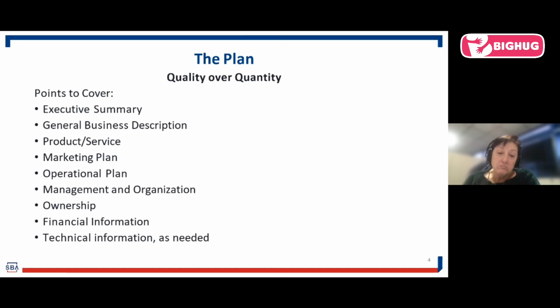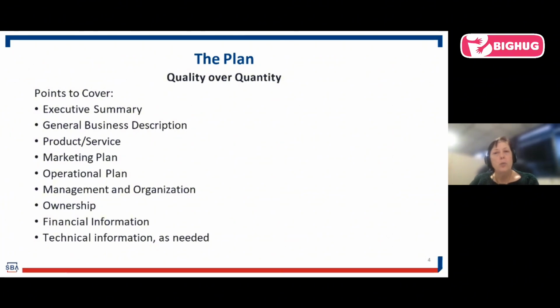And then technical information. If it's needed and important and relevant for your new business, for the lender to understand some really technical elements about what you do, then please put that in there. An example is you may need to meet certain specifications for the Department of Ecology when you're out doing your environmental cleanup business.